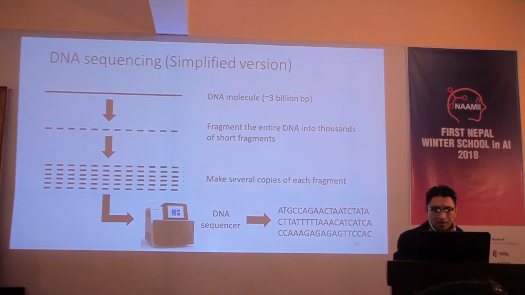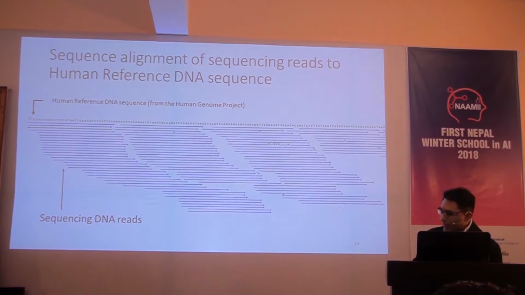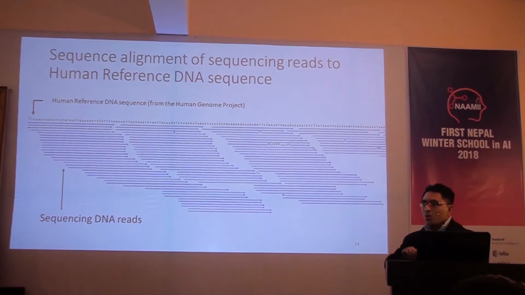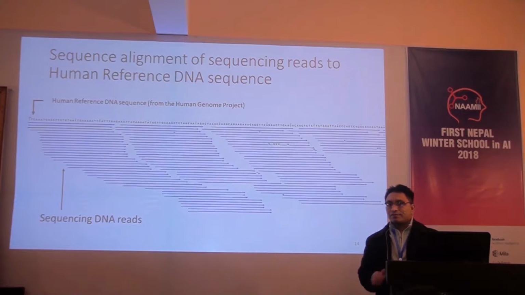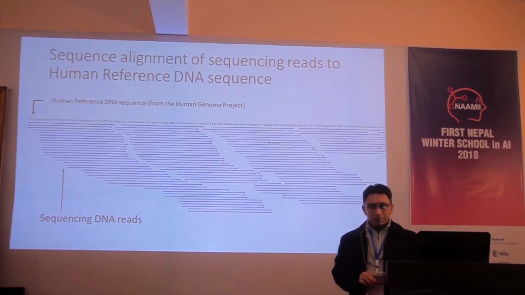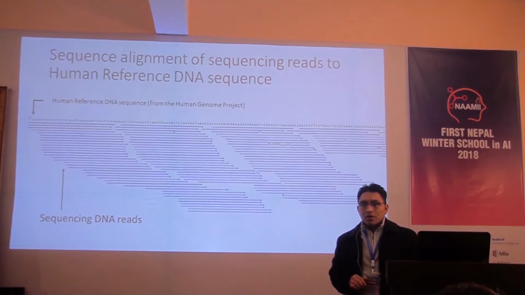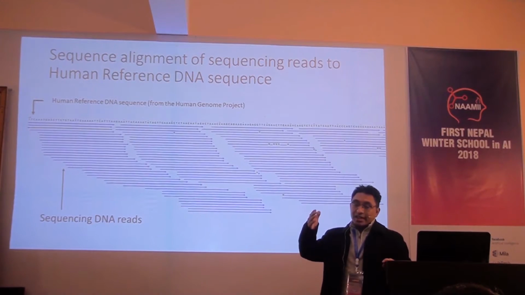Yeah. So now, as I said, when we do the DNA sequencing, we, yeah. I have one question. How were they able to estimate the number of base pairs? So actually, they sequence.